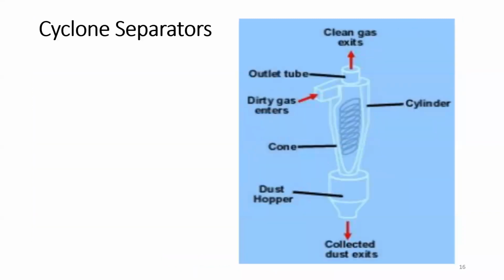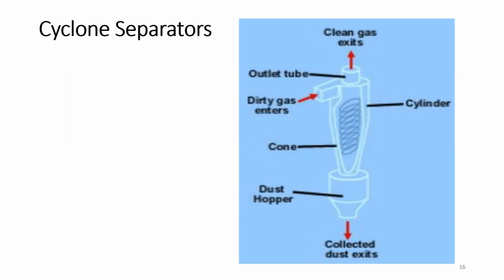Then the second equipment is the cyclone separator. This is vertical; the upper part is cylindrical and the bottom part is conical.